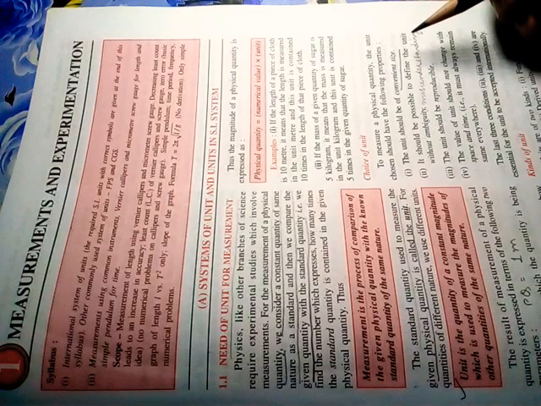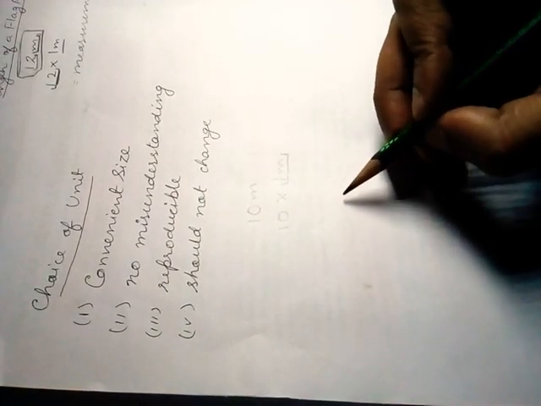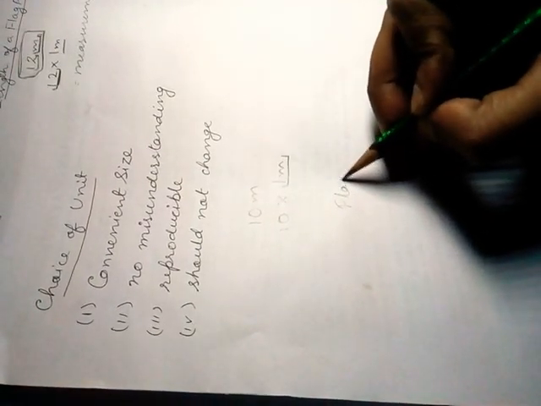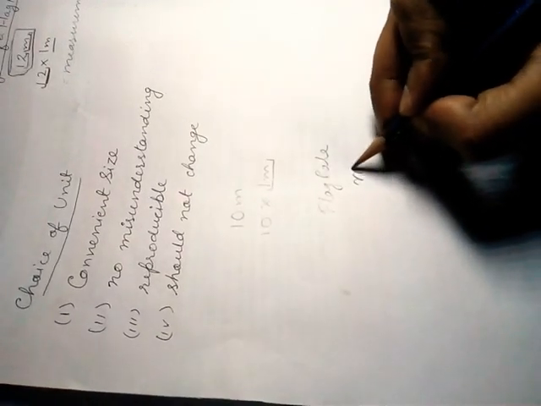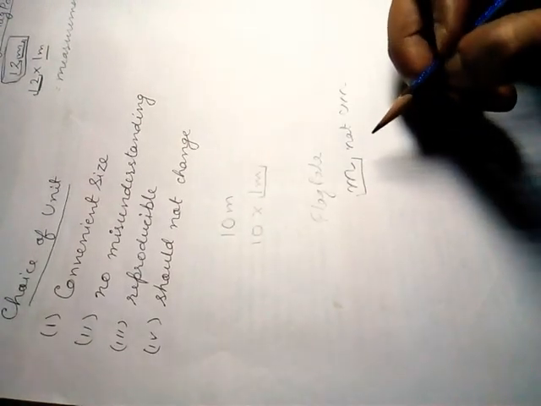Suppose I tell you to find out the length of a flagpole, then it is quite clear that we will use a unit of meter and not centimeter. Is it clear? Because to measure larger lengths we need larger units.